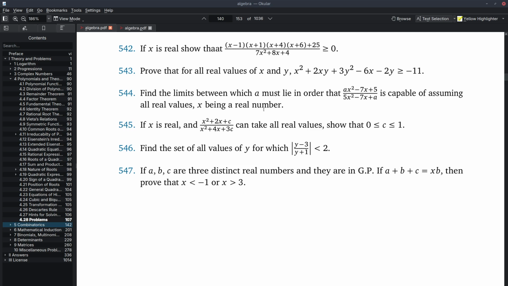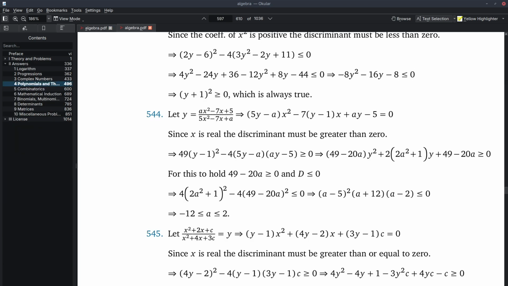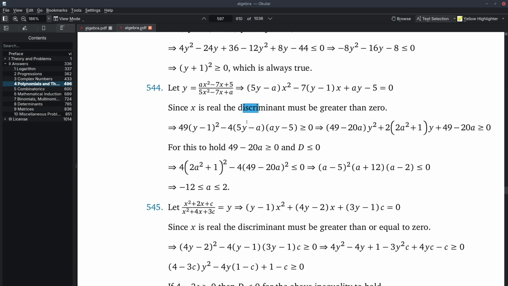Now x is real. So x is real means the discriminant would be greater than or equal to 0. So we compute the discriminant, we get 49 (y minus 1) whole square minus 4 (5y minus a)(ay minus 5) greater than or equal to 0. So we write this as another quadratic equation in terms of y.